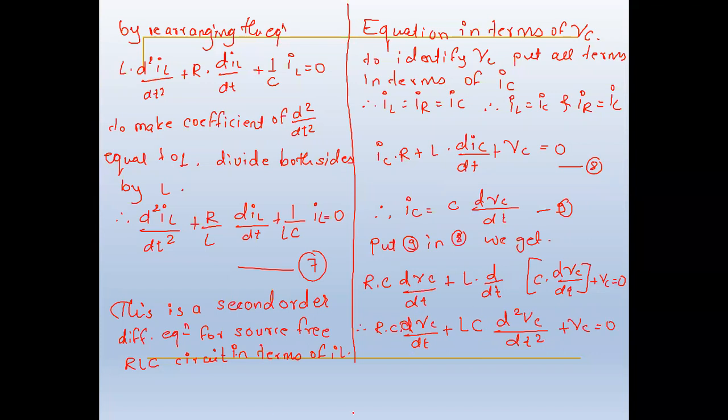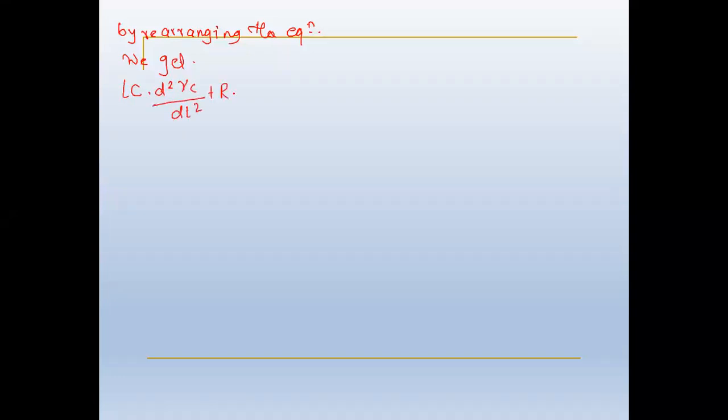Now, by rearranging the equation, we get LC into d square VC by dt square plus RC into dVC by dt plus VC is equal to 0.